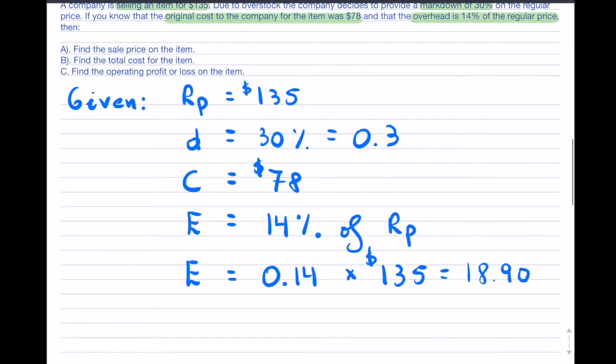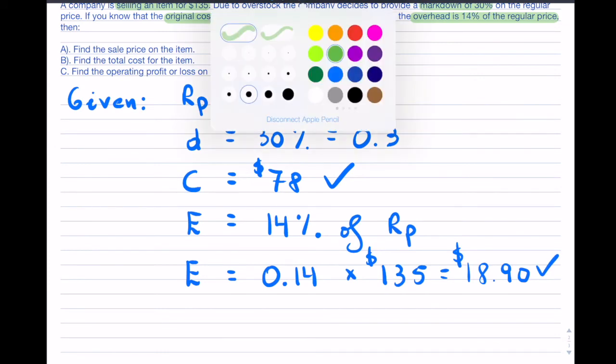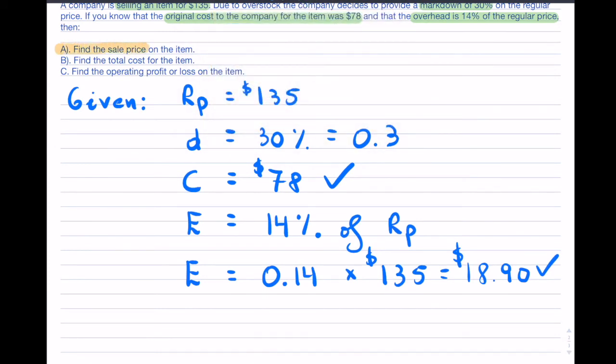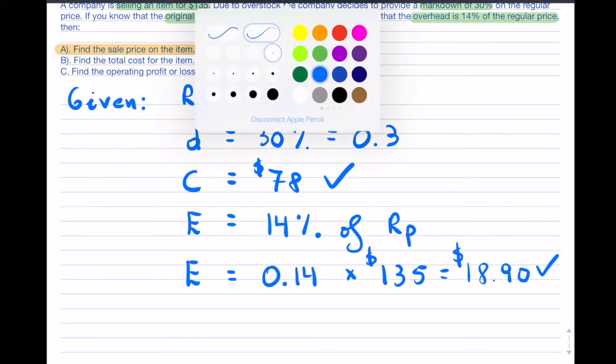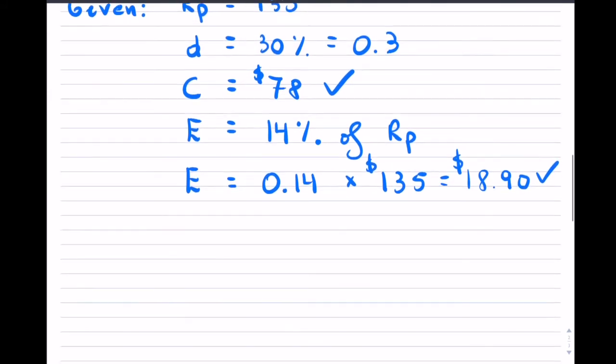I'll put it to the cent right there. So that's my expenses. I have my cost and I have my expenses. Now let's answer the questions they are asking me. First, what was the sale price of the item? So this is part A.